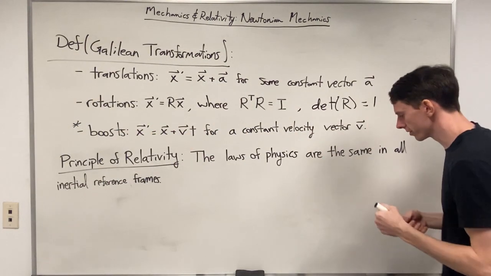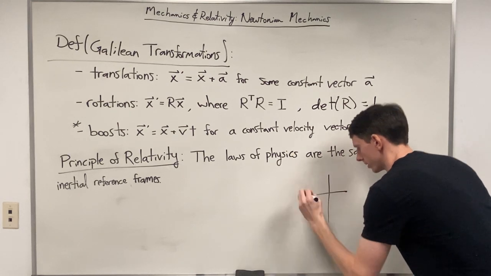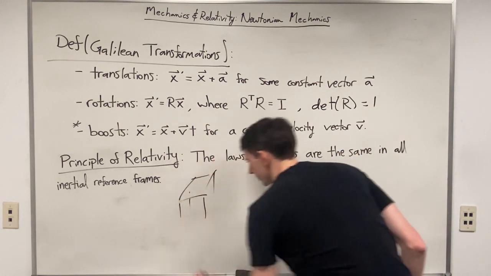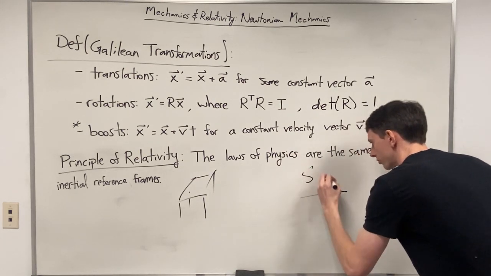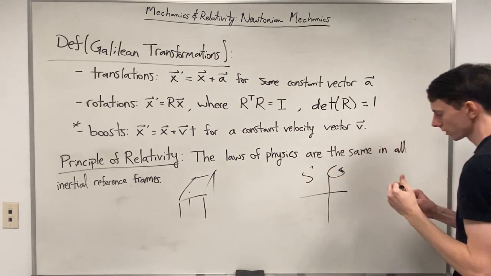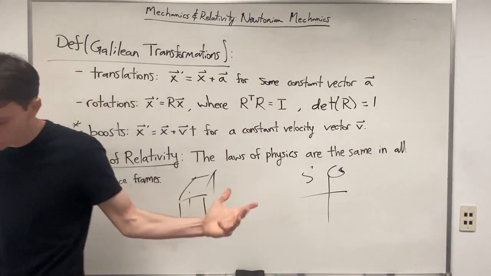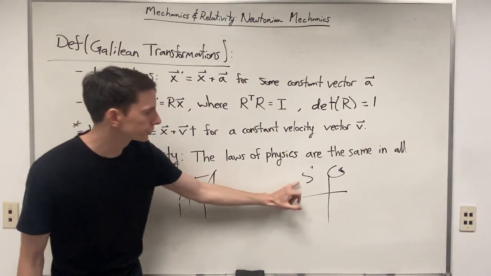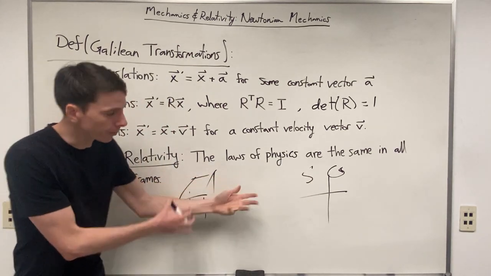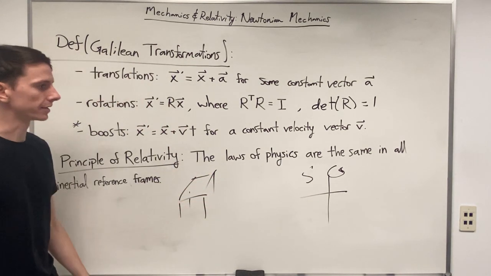And we kind of saw this in the example where we had the table, right? We had the table and we had our frame S prime, which was rotating. This frame was an accelerating reference frame, and all of a sudden Newton's laws broke down in this frame where they did not break down in the stationary frame S.